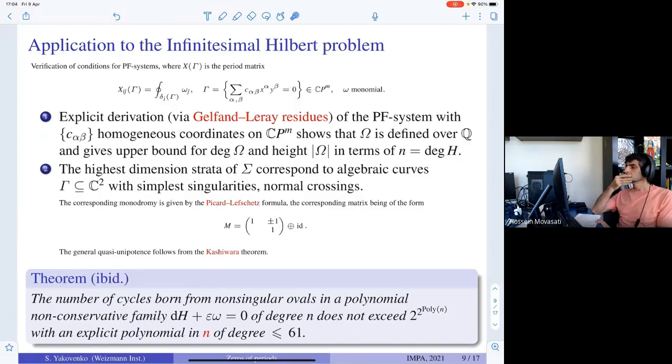And this matrix is, of course, quasi-unipotent because both eigenvalues are ones. And ones are definitely on the unit circle.